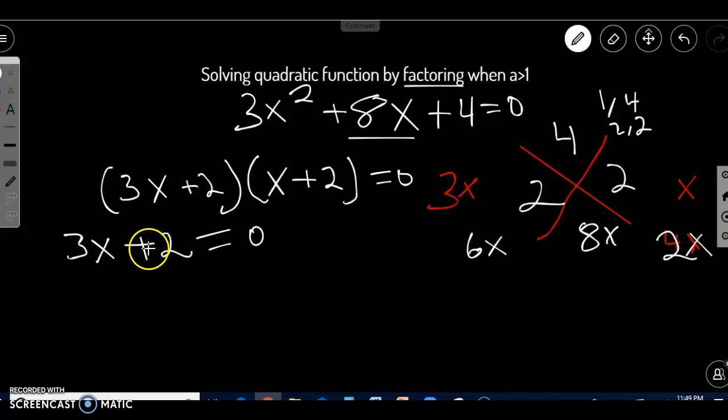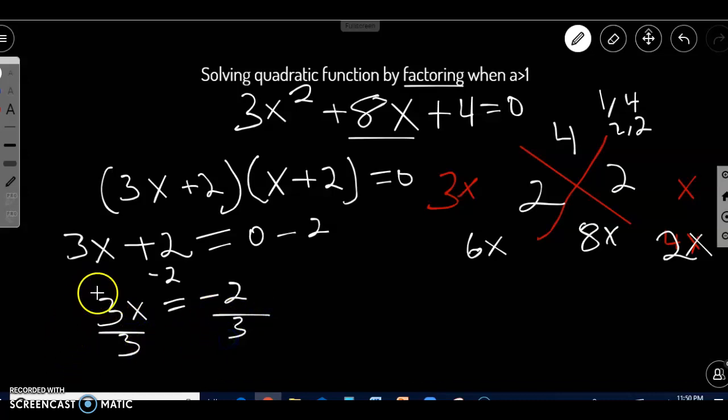We want to get rid of the 2, so we subtract, and we do the same thing here. So we get 3x is equal to negative 2. We want to get rid of this, so we divide here by 3, and we have to do the same thing so that we don't change the equation, and this will turn into 1. So 1x, which is the same as x, gives us negative 2 over 3.